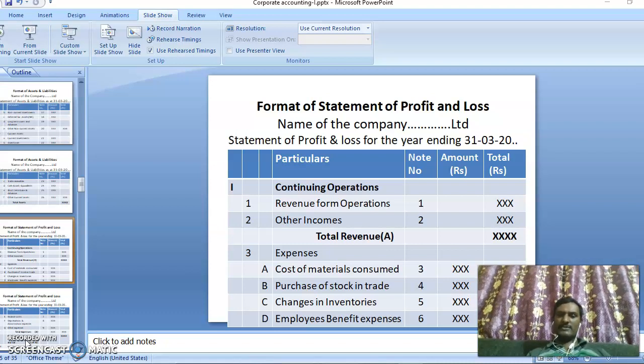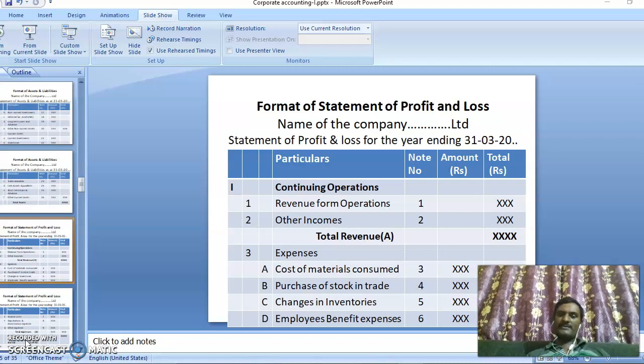And from this total revenue we have to subtract the expenses related to the company operations. And of that expenses, one is cost of materials consumed, then second one is purchase of stock in trade, and the next one is changes in inventories.